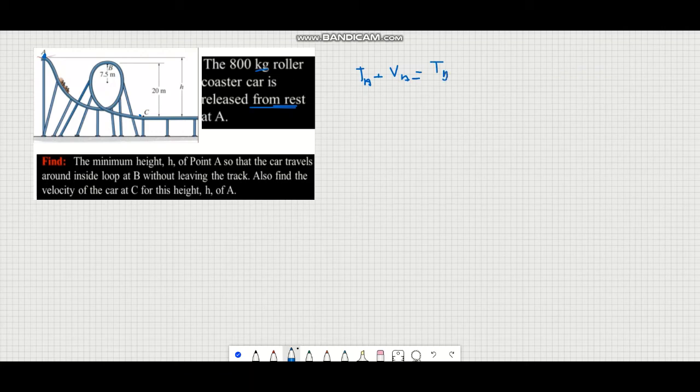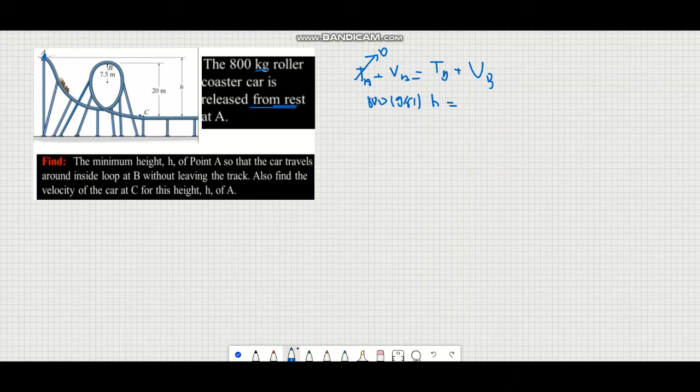First of all we will start from A to B. At point A, there is no kinetic energy because it comes from rest, but we have a potential which is mgh, which is 800 multiplied by 9.81, the gravitational acceleration, multiplied by h, which is the height of point A.